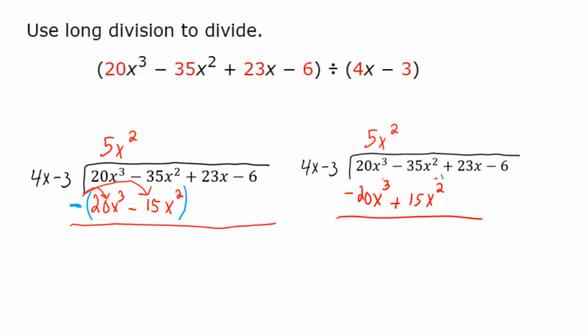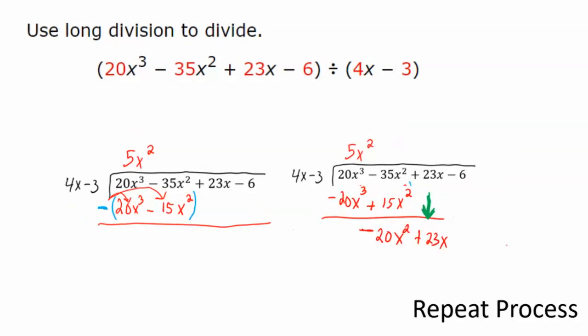And now we can go ahead and add those together. So 20x cubed minus 20x cubed is going to give us a 0. And negative 35x squared plus 15x squared is going to be negative 20x squared. And then we bring down the next term, in this case 23x. And then we're going to repeat this process.